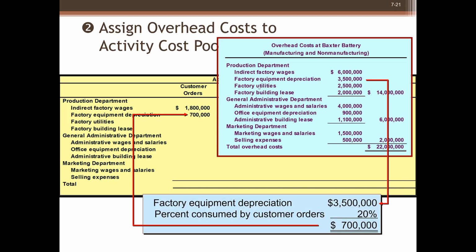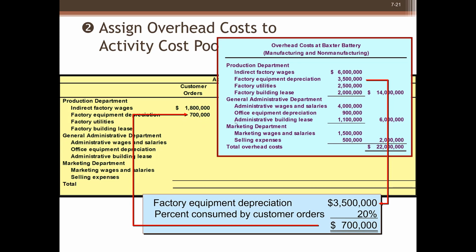Another example, let's take a look at factory equipment depreciation. Overhead cost for this category is 3.5 million. The company has allocated 20% to customer orders. So we calculate 3.5 million times 20%, and the company will assign $700,000 from factory equipment depreciation cost to the customer orders cost pool.